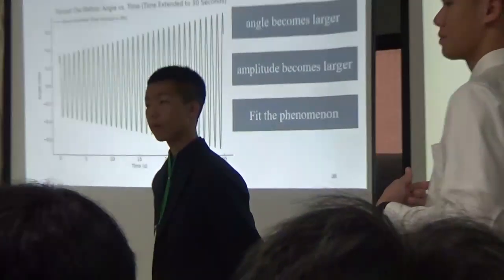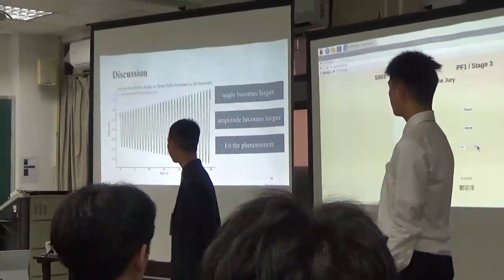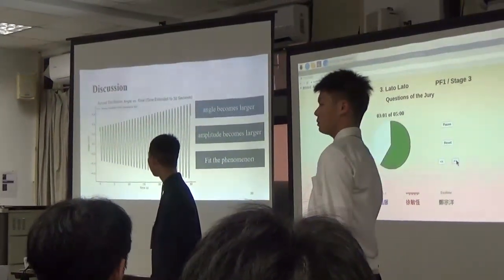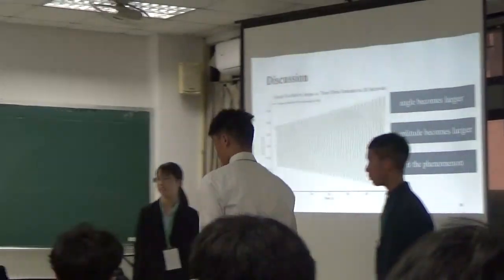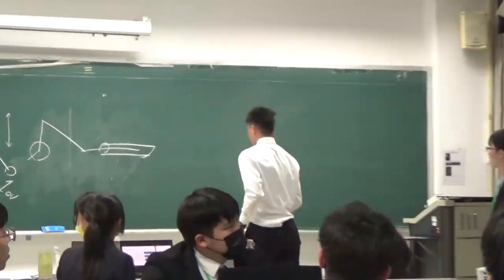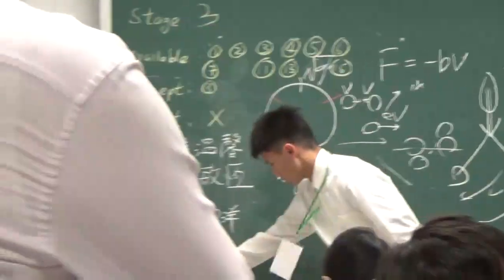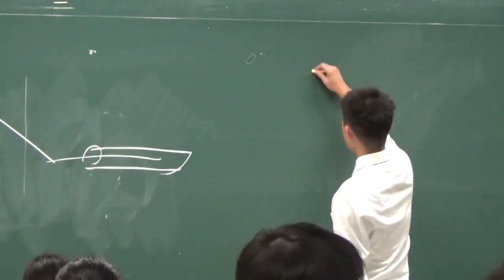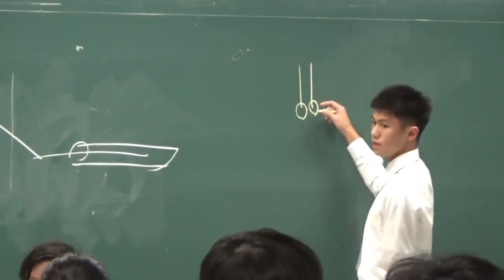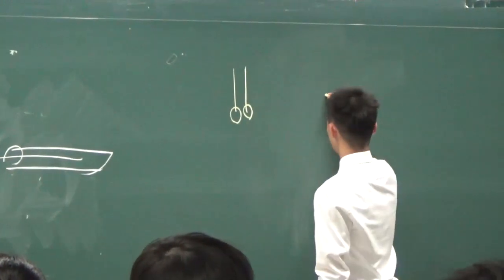Can I speak first? Sure. I would like to explain this phenomenon from an energy perspective. When the ball, can I use the blackboard? When the ball goes, I think the lateral is like this, and when it goes down, it's like this.